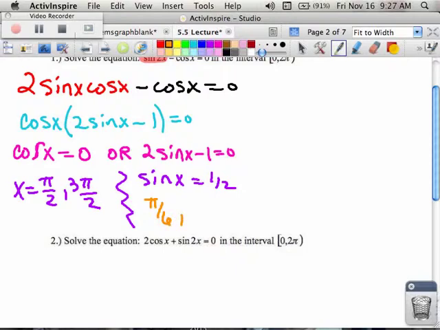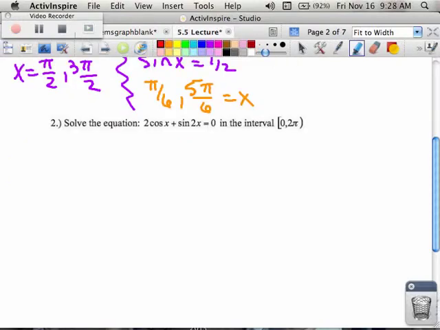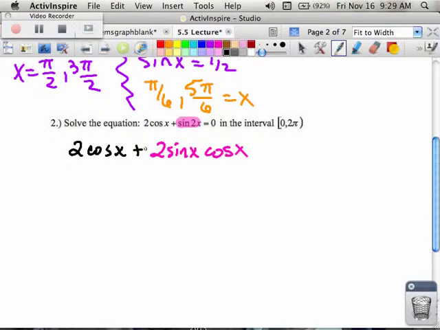In number 2, we see that sine of 2x again. So I'm going to change the sine of 2x into 2 sine x cosine x, and the other stuff was 2 cosine x, equal to 0. From there, I notice that there's a 2 cosine x in each situation.